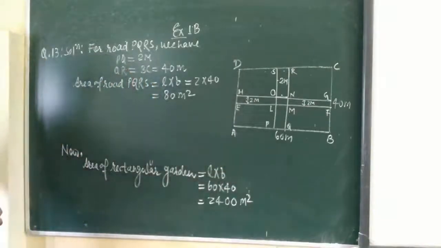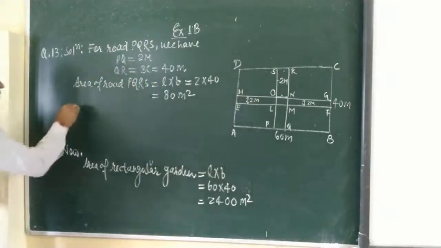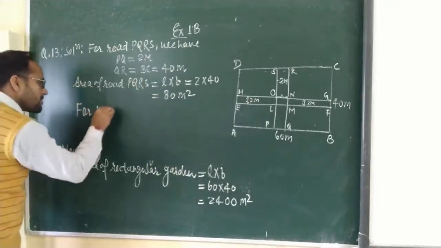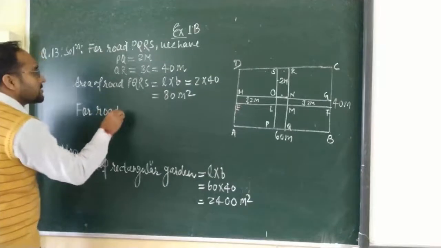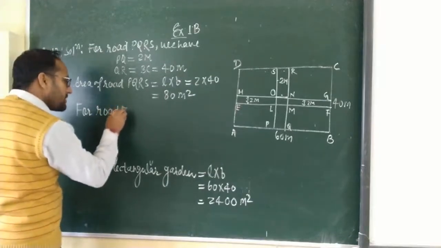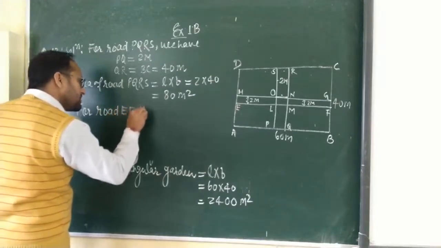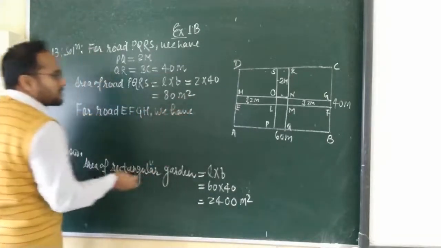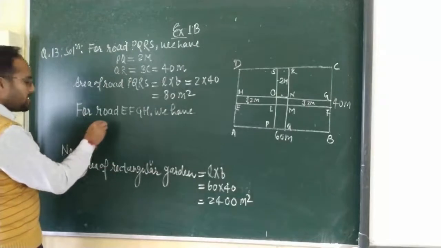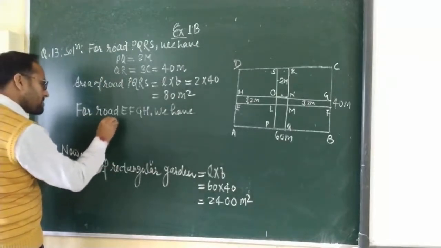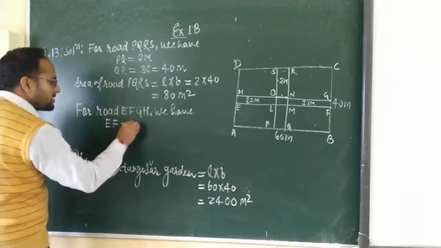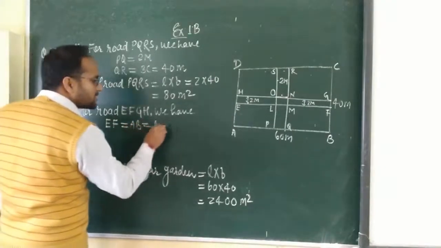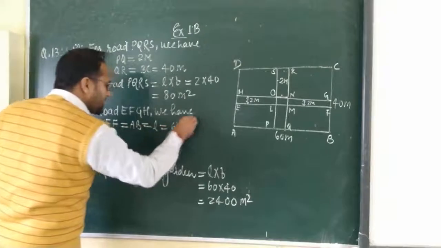Now, the next one is for road EFGH. We have EF is equal to AB is equal to length is equal to 60 meter.